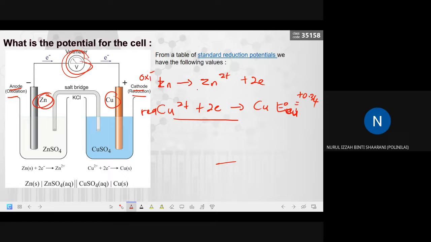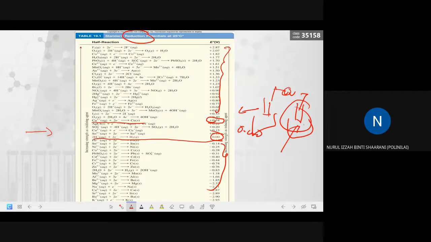And then for zinc, zinc undergoes oxidation. But this is the standard reduction potential table, for reduction only, so we cannot use it directly. But we can use it to help us get the standard oxidation potential.